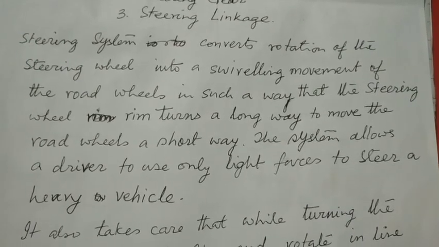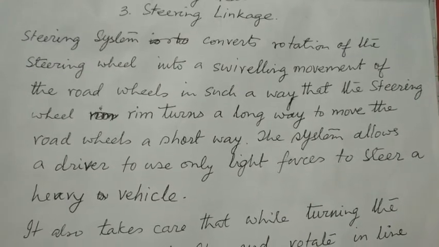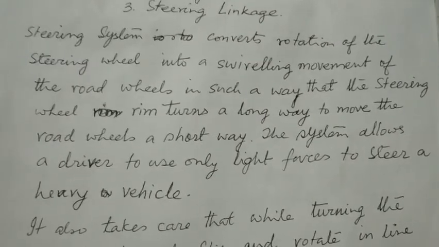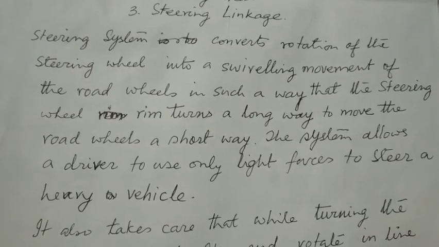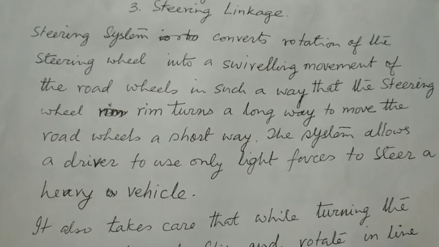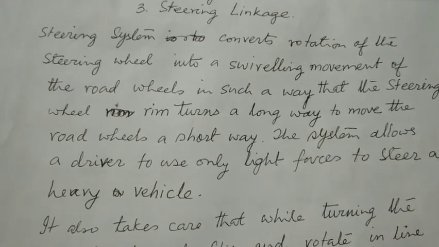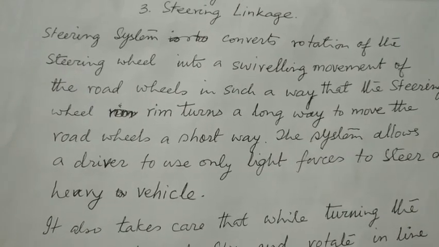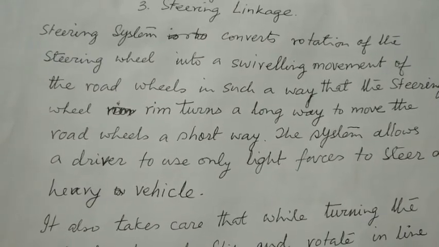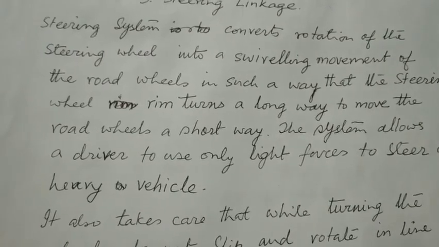If you turn the steering wheel one full circle, which is a very big turn, the vehicle wheels will not take one 360-degree turn. They will take only a small turn.